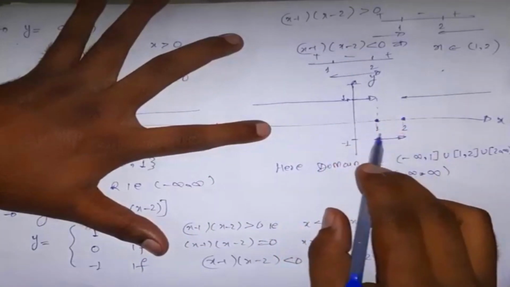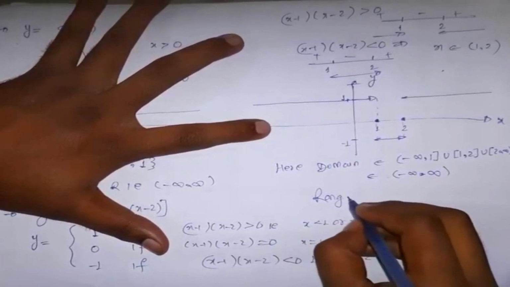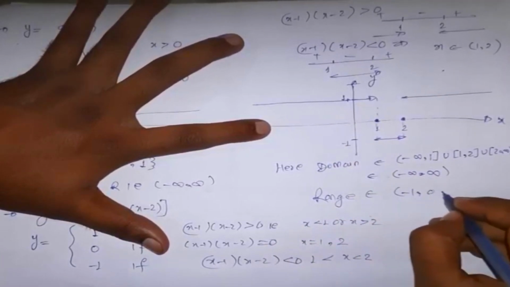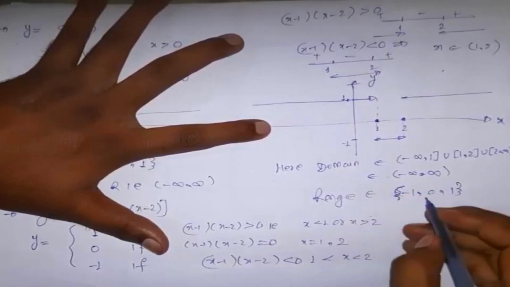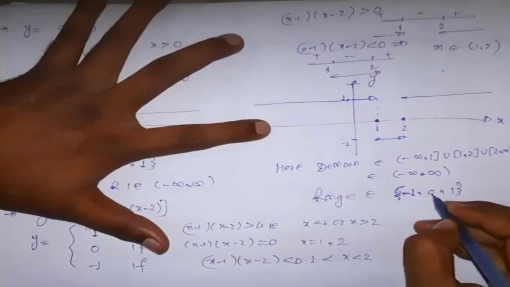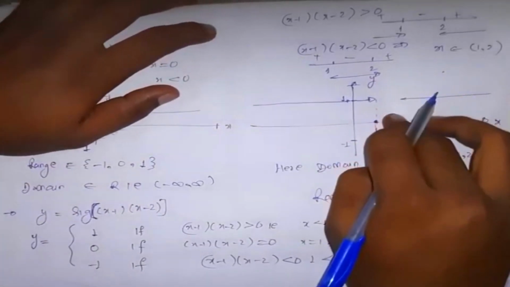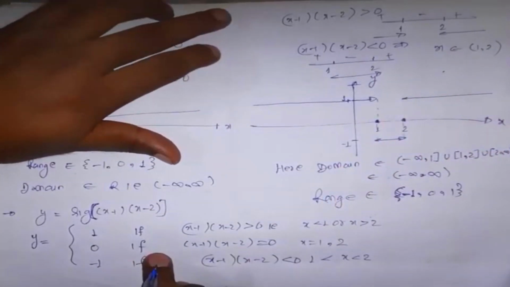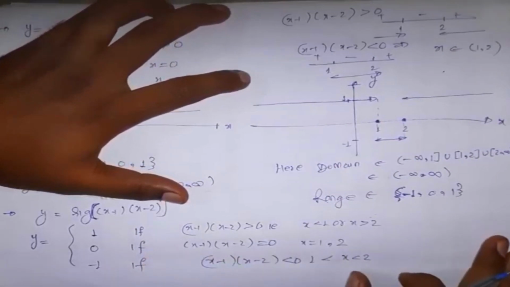Okay, range belongs to minus 1, 0, 1. Here I am using a curly bracket because I am strictly taking 3 points, minus 1, 0, 1. So the graph of this function will be like this, and the expanded form of this will be like this. So I hope it is clear to all of you. In the next tutorial, we will see some more examples related to the signum function. Till then, thank you guys.